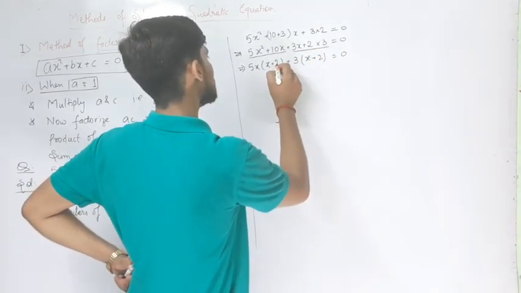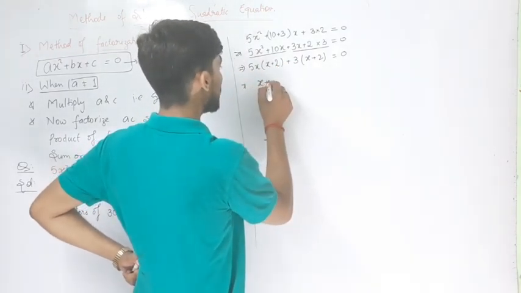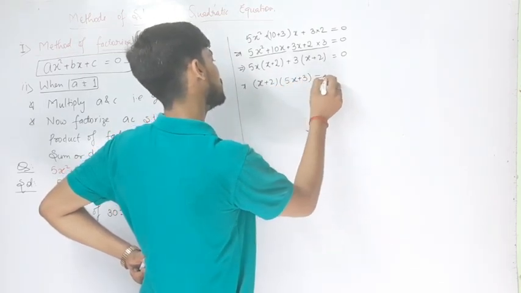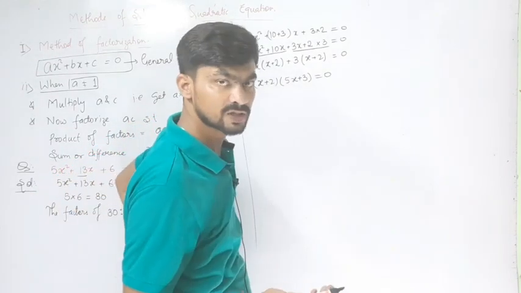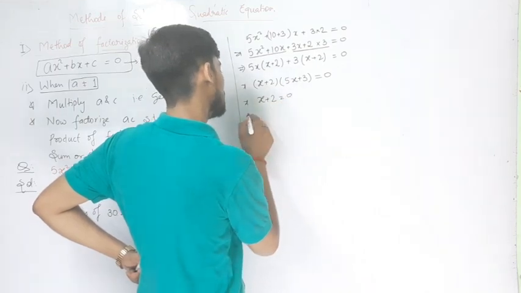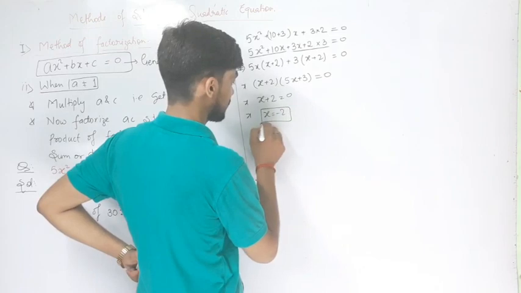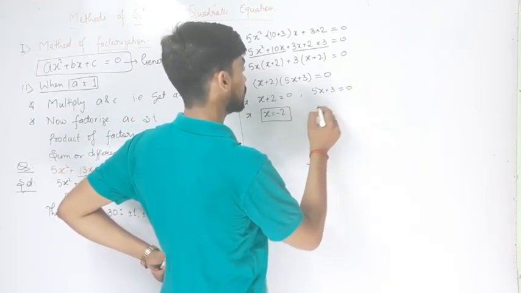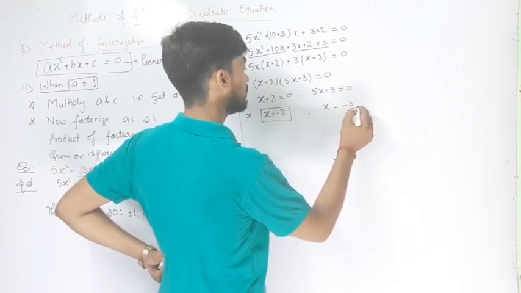Here also x plus 2. Now, both have x plus 2 as common. So, we shall write 5x plus 3 equals 0. Now, zero product rule. X plus 2 is equal to 0 implies x is equal to minus 2. Here 5x plus 3 equals 0 implies x is equal to minus 3 upon 5.